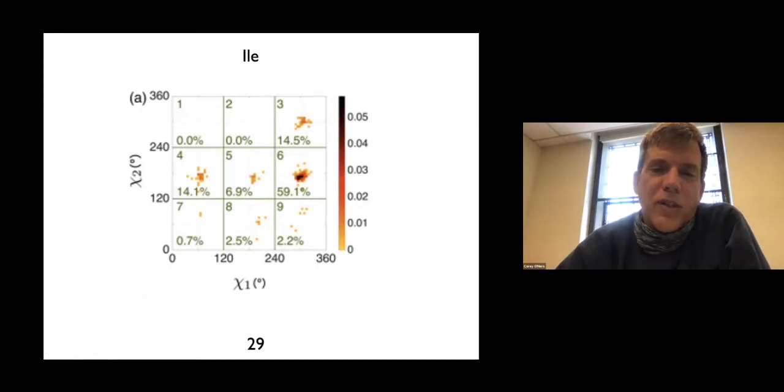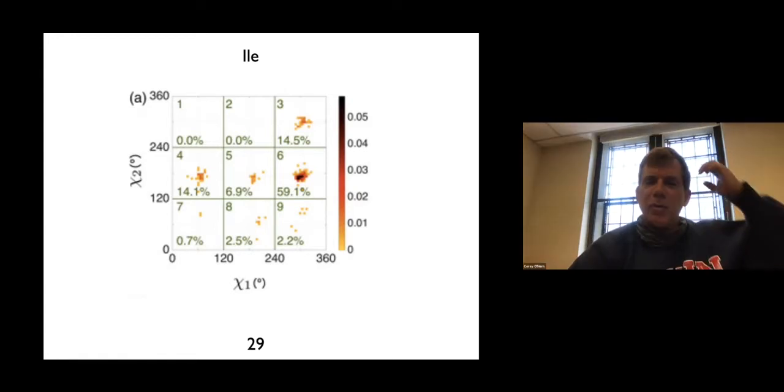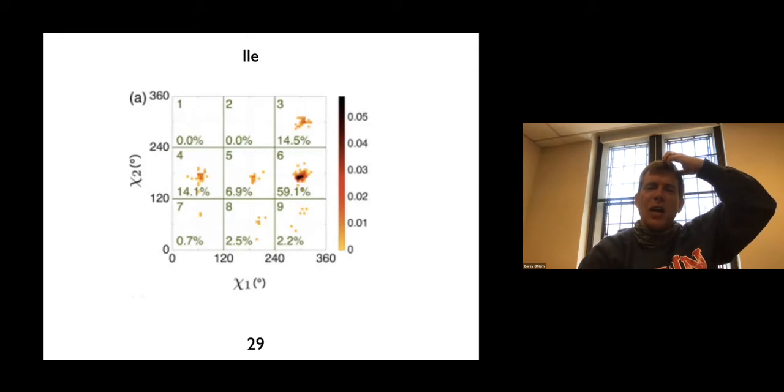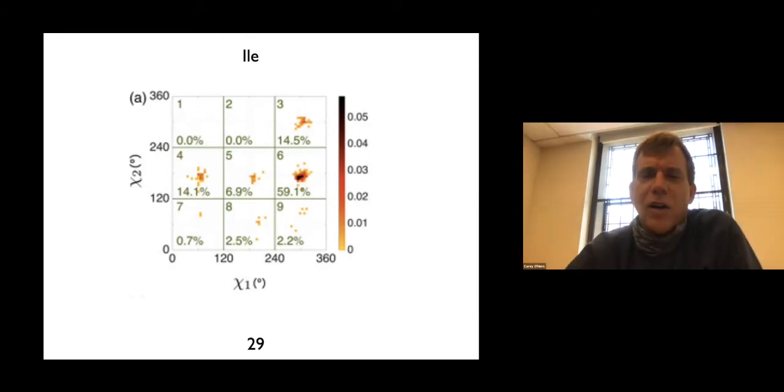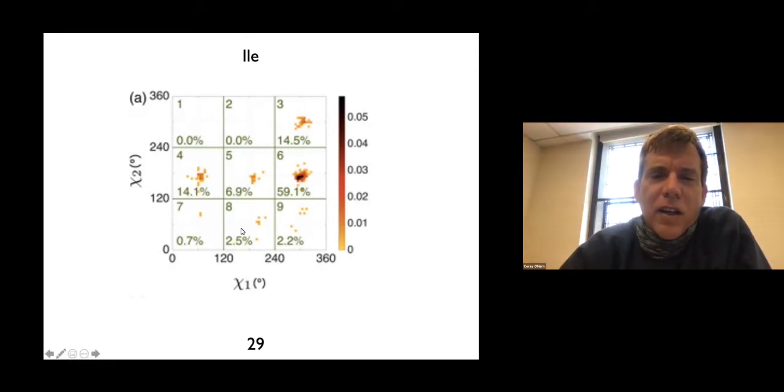Because in general, we say that side chains are rotameric. But what you find in the experimental structures is that they're not equiprobable. So you don't get 1/9 in each of these bins. You get a whopping 60% in the rotamer bin number 6, which corresponds to a chi1 of 300 degrees and a chi2 of 180 degrees.